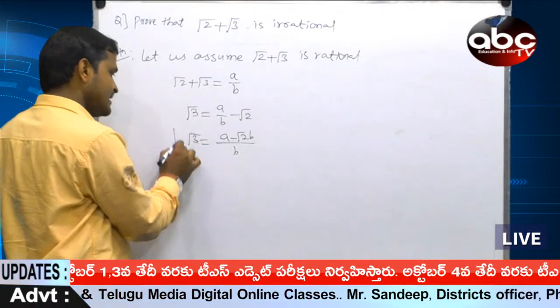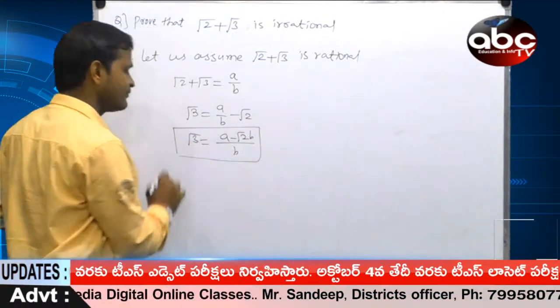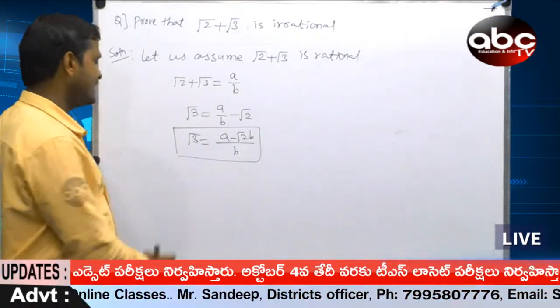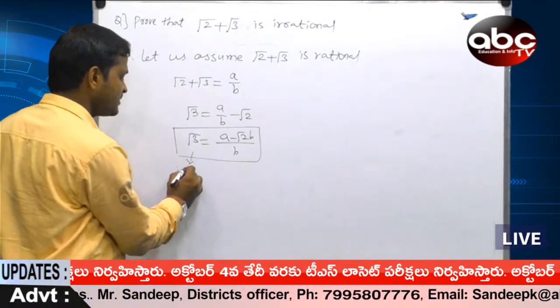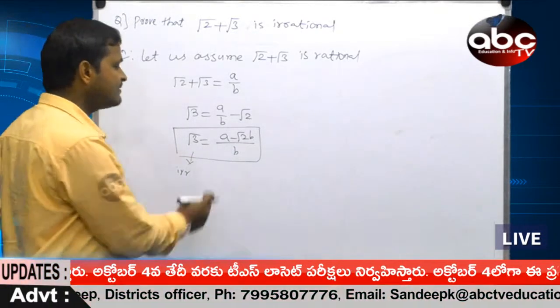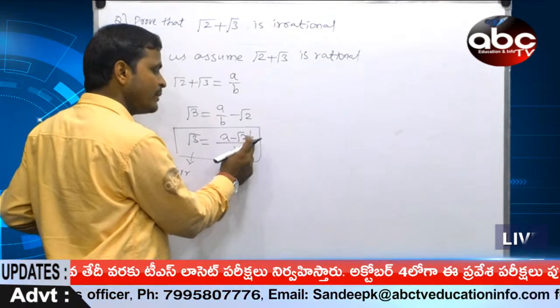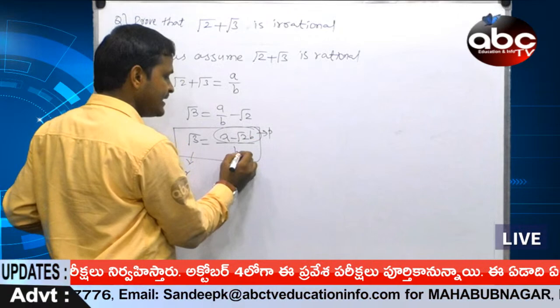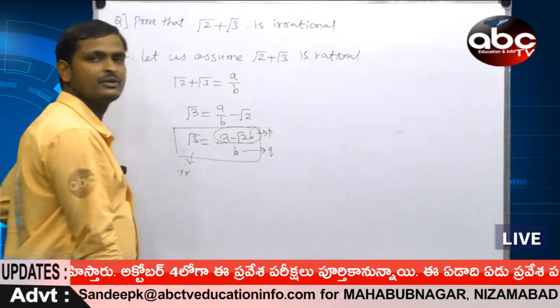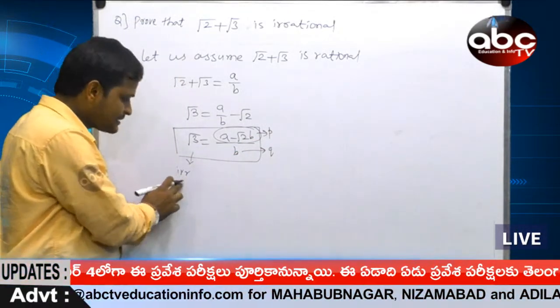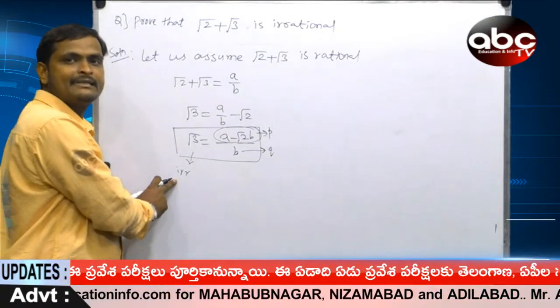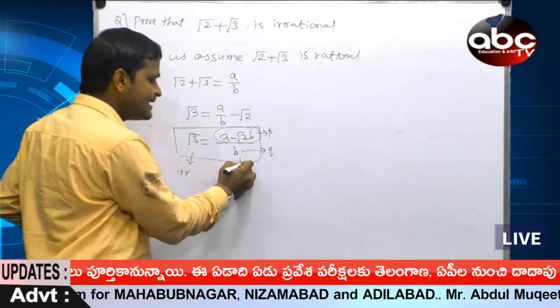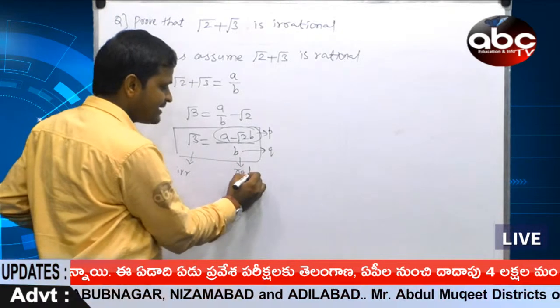Now, see students here, observe carefully. Root 3 is an irrational number. Observe here, a minus root 2 b, in total we consider as p, then it is q, means p by q. Means LHS term is an irrational number. RHS term is a rational number.